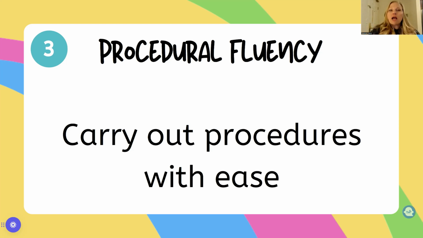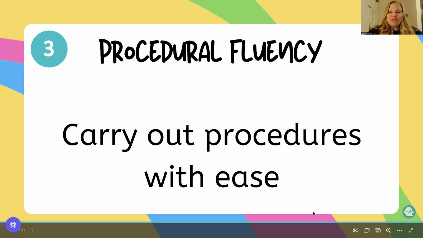I am going to use computational fluency and fact fluency to build procedural fluency. So I still have to know some basic facts, and I have some computational fluency, meaning I can choose which method is the most efficient or effective for this particular scenario. And then whatever method I choose, I now have procedural fluency, and I can carry out that fluency standard with ease. Those are the three types of standards or three types of fluency and how they may impact you in your math classroom.